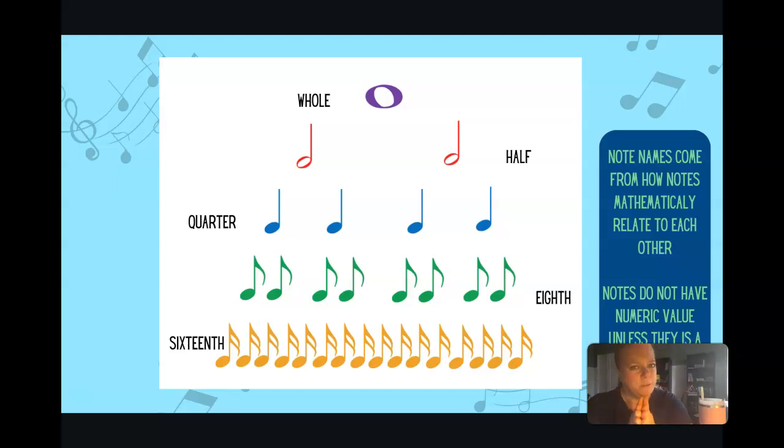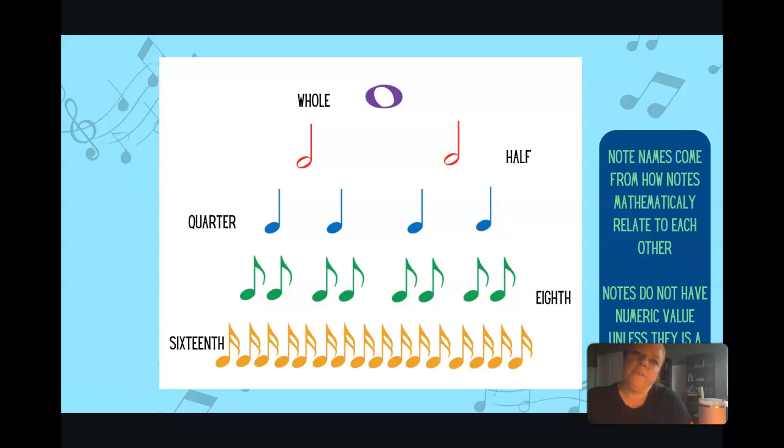Now, this sets the stage for the most important part of these symbols we call notes. Before we talk about what they are, it is important that you realize that they are not named after whatever you see looking out the window or traditional ways. It just has to do with how they relate to each other. And so it can be very confusing if you don't realize that we call it a whole note because it lasts the whole time.